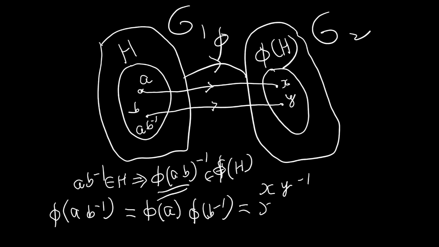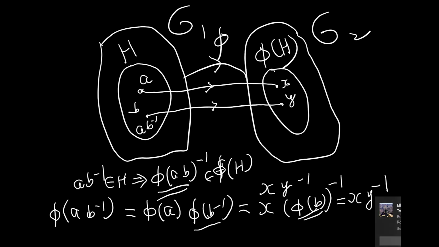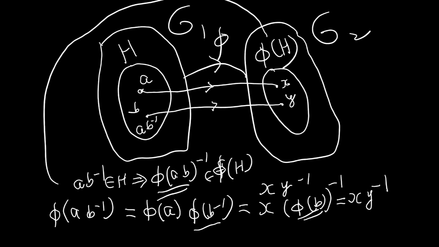Phi A is X, and using the property that inverse is carried to the corresponding inverse, this becomes phi B inverse, and phi B is Y. So this becomes XY inverse, and since this is in phi of H, if X and Y are in phi of H, so is XY inverse. Then phi of H is a subgroup of G2.